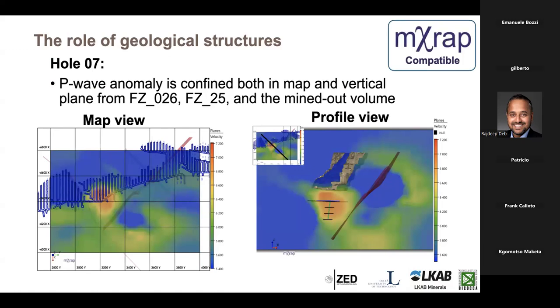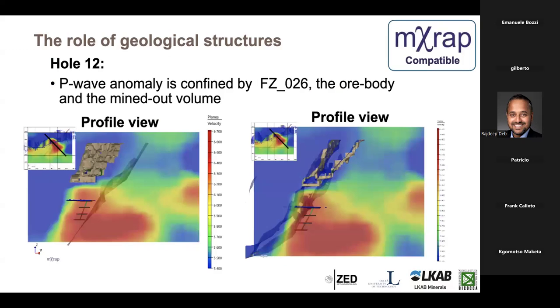So it's not going through the mined volume. If we look at hole 12, again the P wave anomaly is confined by fault zone 26, the ore body, and the mined volume. So the geological structures play a role in confining the anomaly in a certain portion of the mine.